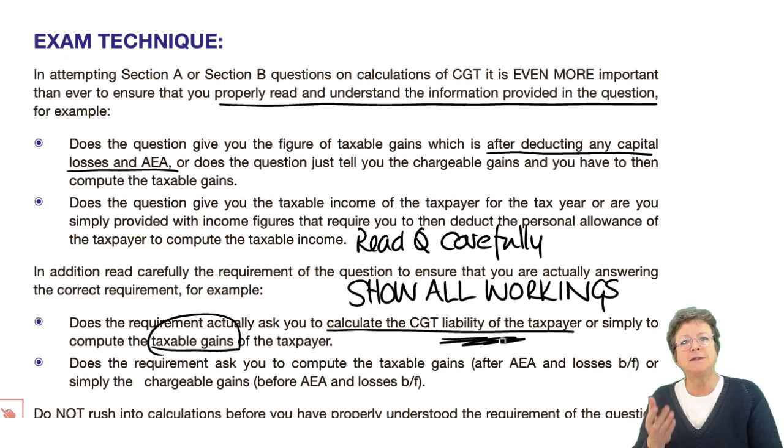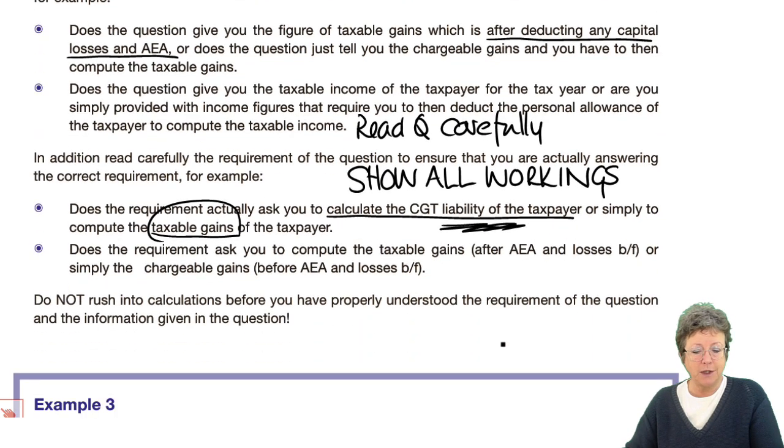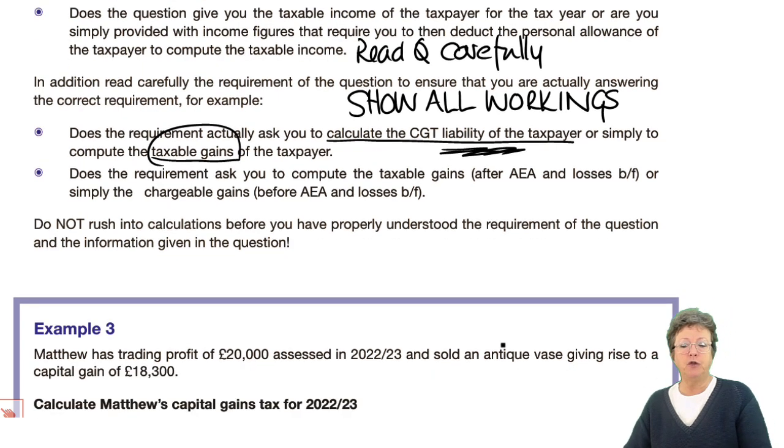But it wastes time, and you're going to need time to be able to answer the whole exam. So please just read it carefully. Then, does it ask you to work out the taxable gains or simply the chargeable gains? Okay. Do not rush into calculations before you've properly understood the requirements and the information in the question.